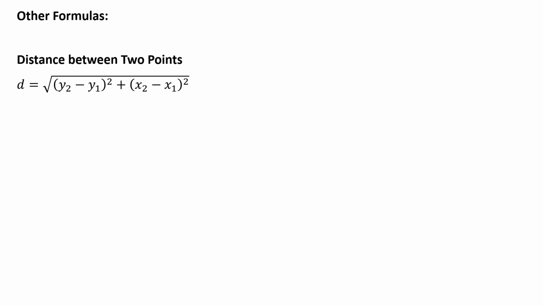And for the other formulas, we have the following. The distance between 2 points: we can read the formula as d = the square root of (y2 - y1)² + (x2 - x1)².